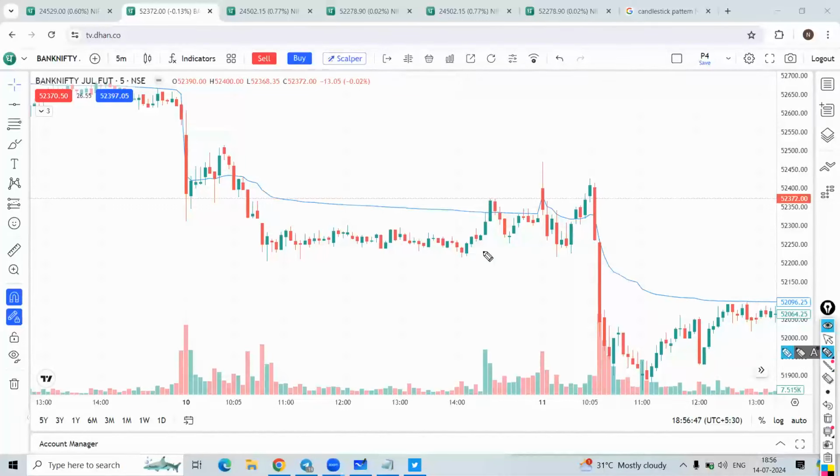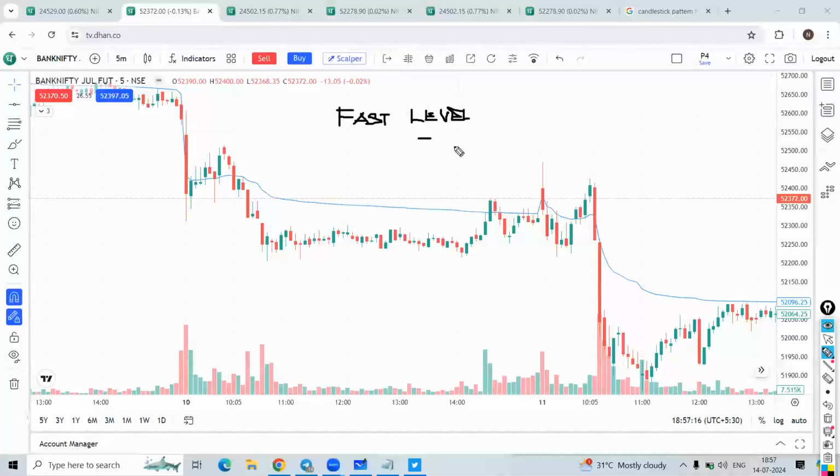Better understand, here bears control the market, fine and fair. Now I want to mark a few things. I want only fast locations. My goal is to mark only fast levels, fast zones. I am not interested in slow areas.